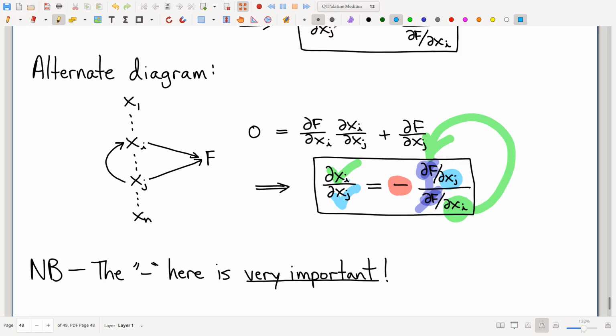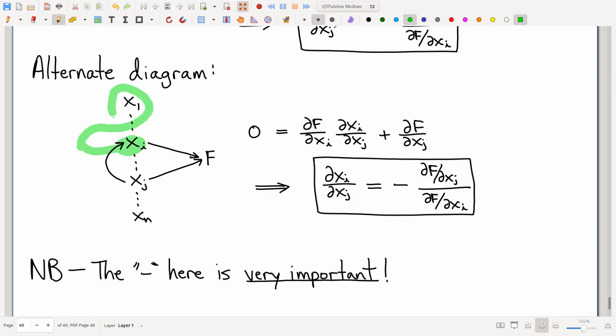Yes? This is like a point from before, but are we just not taking the partial, like, dx1, dx1? Correct, because keep in mind that xi is a function of all of these other variables, right? And when we say I want to take the partial with respect to xj, what that means is all these other variables have to be held constant. That's how partial derivatives work, right?